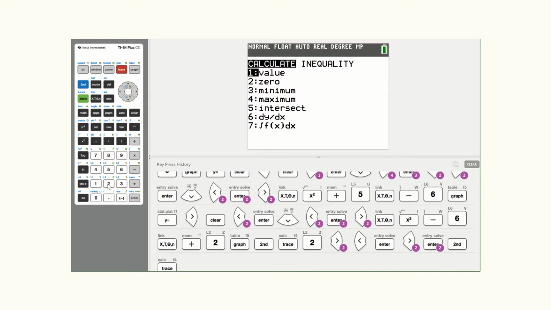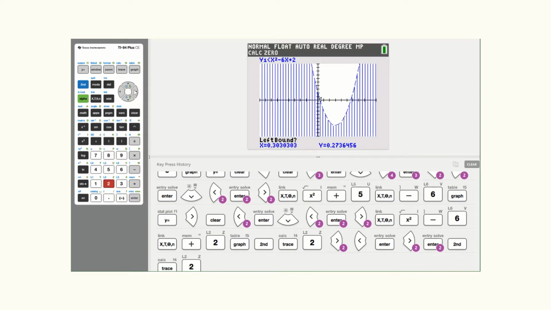Now I got another zero here, so I need to hit second trace, option 2, zero again. And this time I'm going to move my cursor, and it's just going to follow along the boundary line. You notice that boundary line's dashed, because remember this was a less than inequality. I'm going to get just below the x-axis. My left bound, I'm going to hit enter. Then I'm going to move it to where it's just above the x-axis and hit enter. It's going to ask me if I want to guess. And I say, why not?